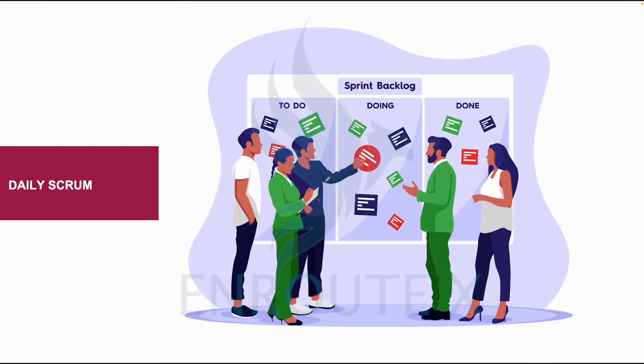When we look at this picture again, we will see 3 noticeable columns: the to-do column, the doing column, and the done column. The to-do stands for work that needs to be done. The doing column represents work that has started and is currently being worked on, and the done column signifies work that has been concluded.